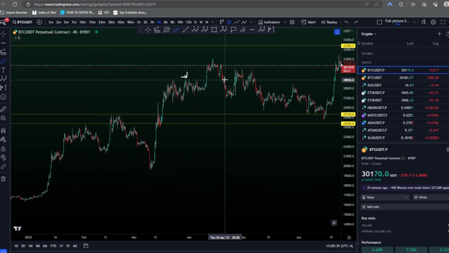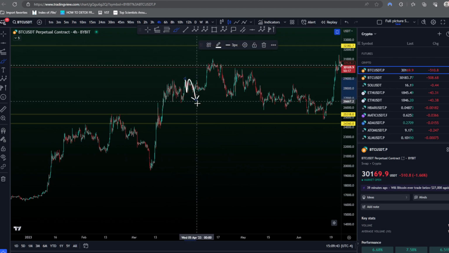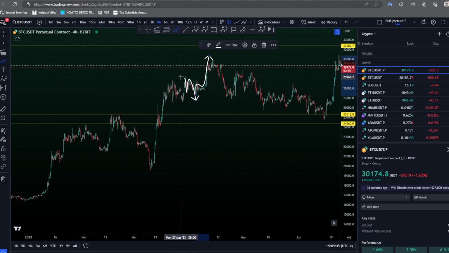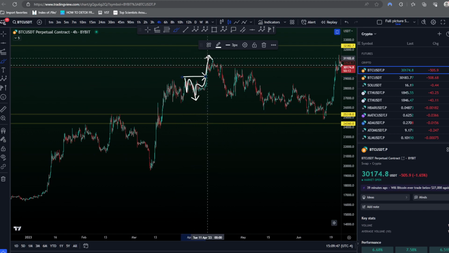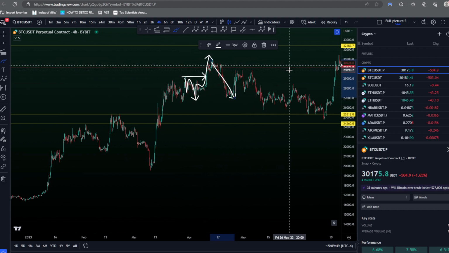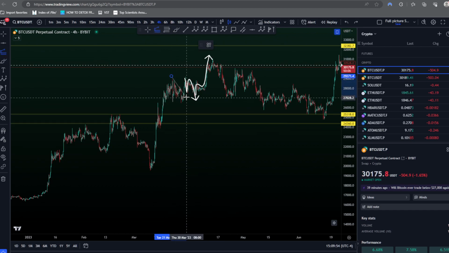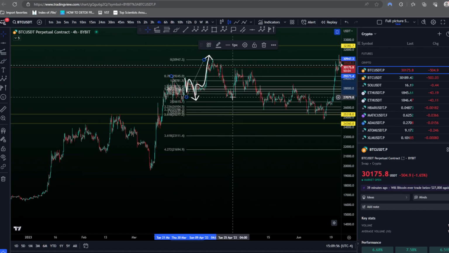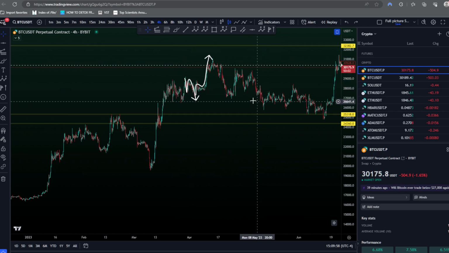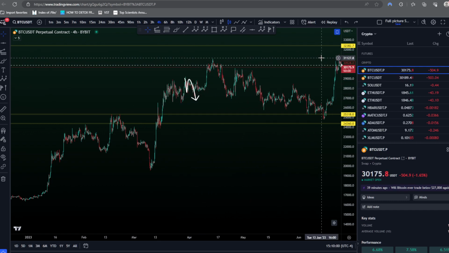You have an impulse to the upside there. Then off of that I have a correction, and another correction that broke the high here. This is called an expanding flat, and then an impulse down. So it broke the high, and then an impulse down right here into our corrective zone. That to me is pretty clear-cut. It looks great.